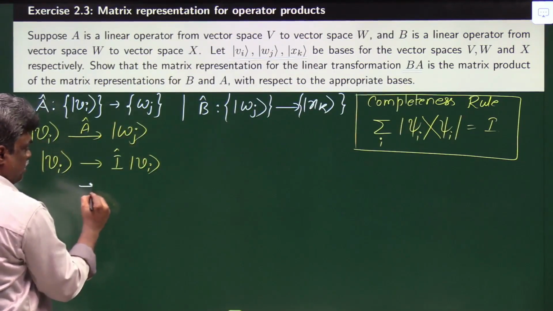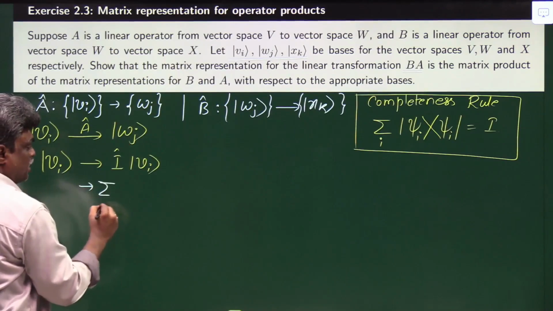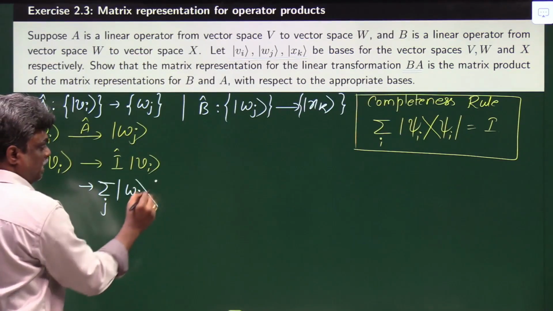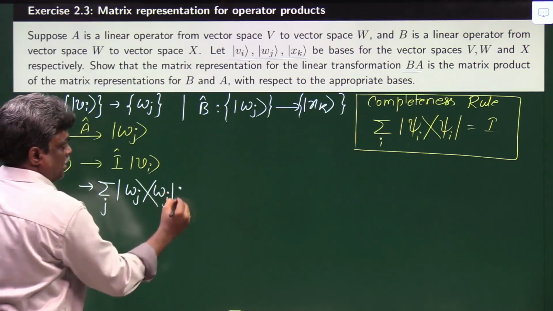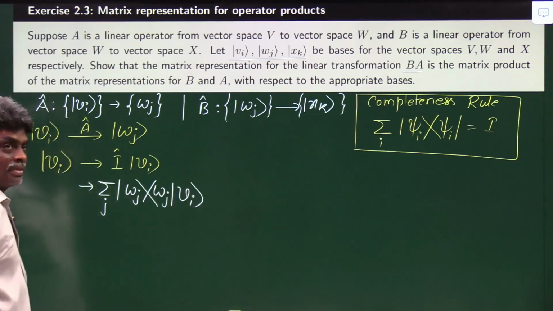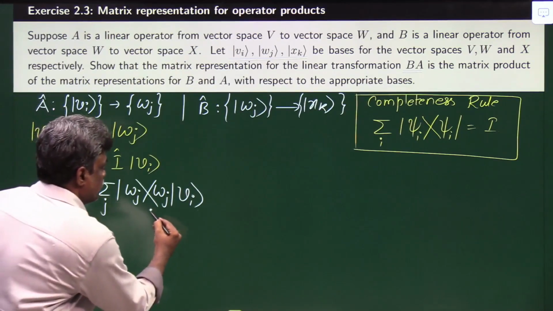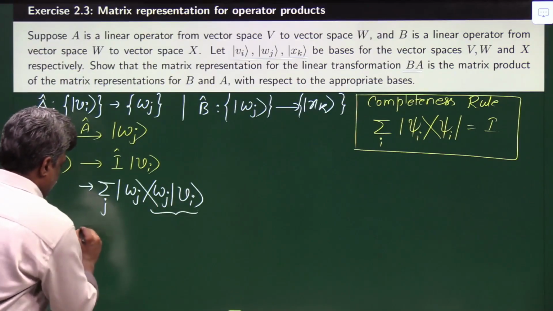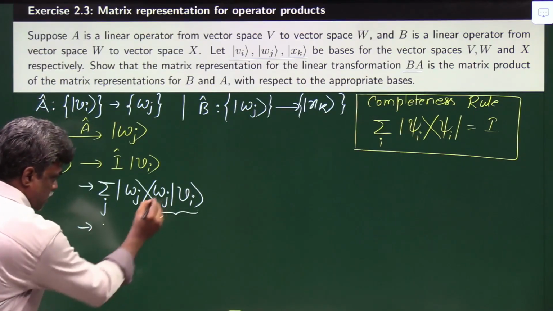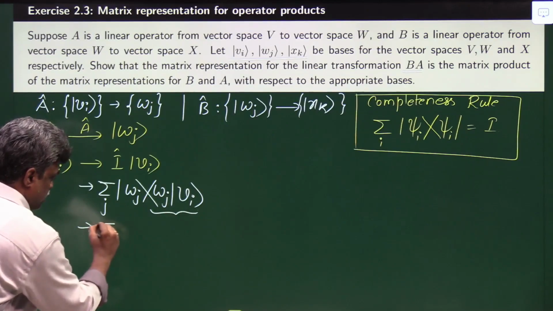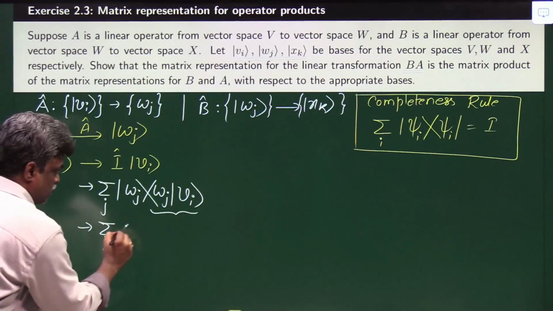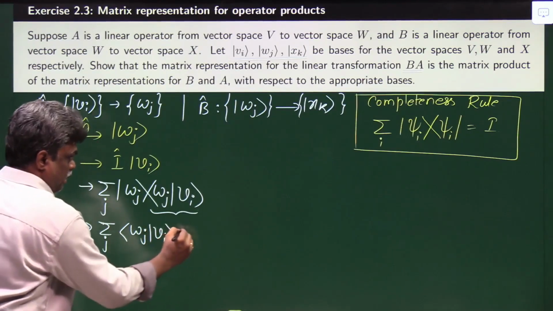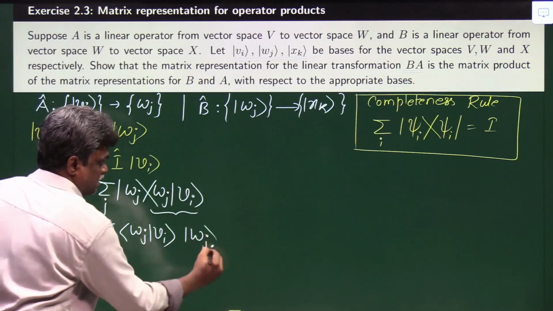So that's why I'm writing summation over j, this basis I am taking Wj, and this is Vi. If you observe carefully, this is nothing but an inner product, which is a scalar. So we got the inner product Wj Vi, and here we got ket Wj.